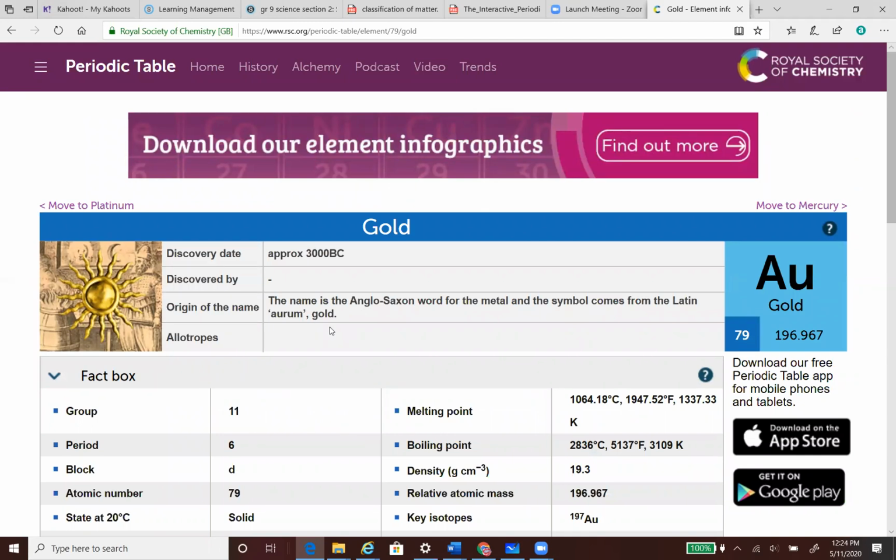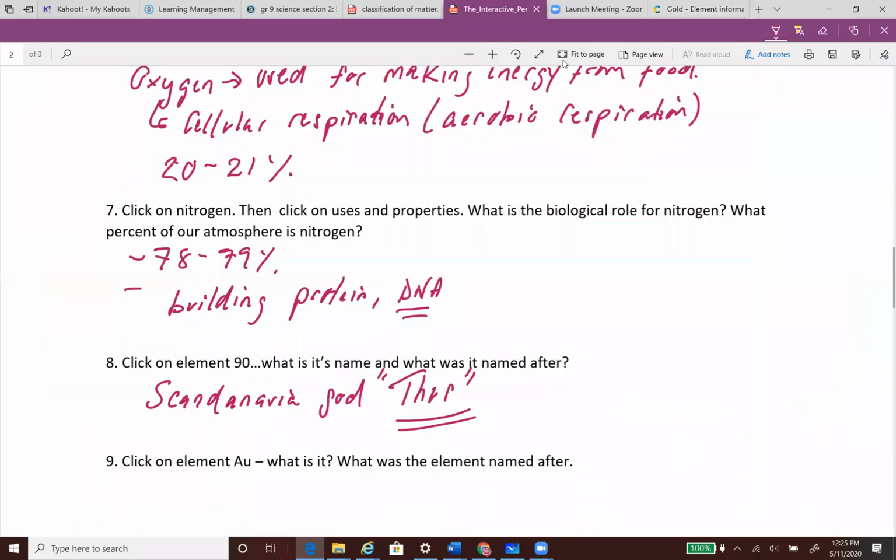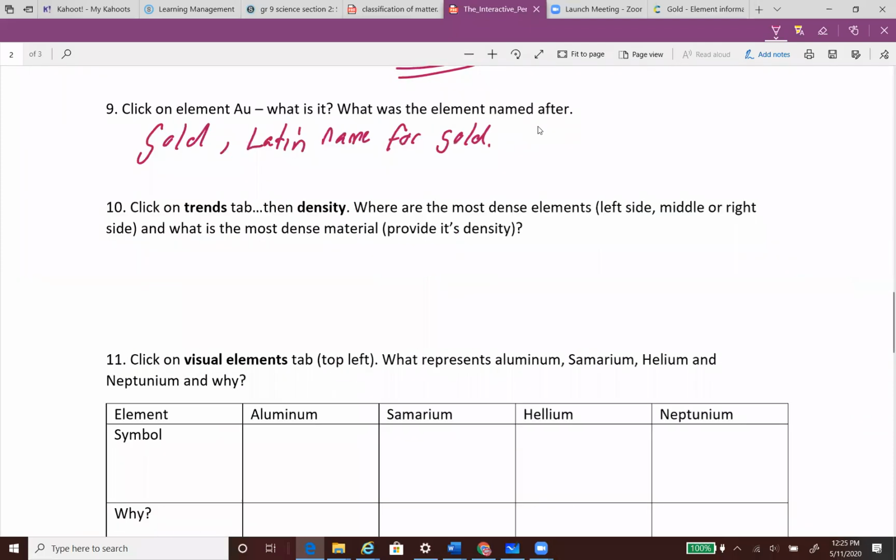This is an old Latin term, aurum, which stands for gold. Sometimes the Latin or maybe another language is used to come up with that symbol. So this is the Latin name for gold. That's why I said this is a little bit tricky with the symbols.